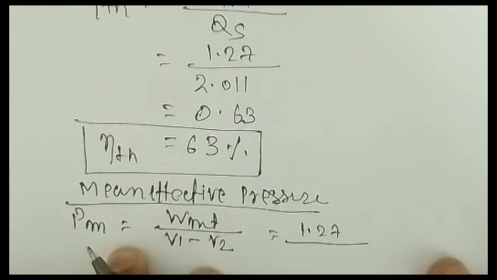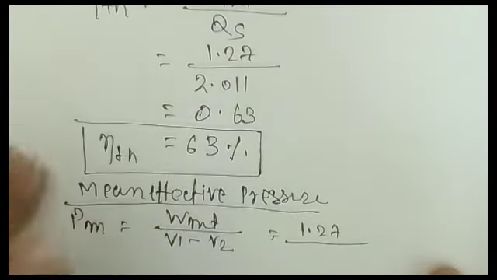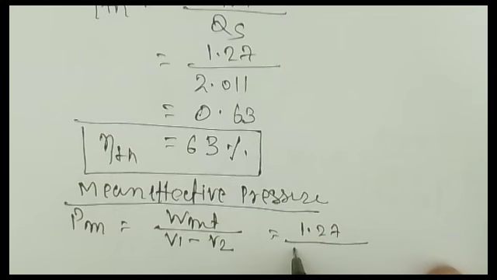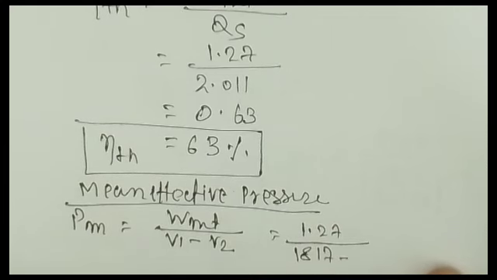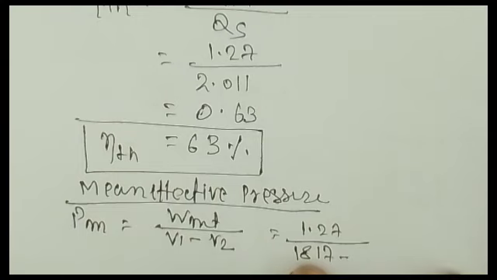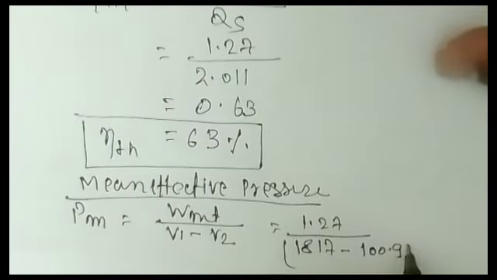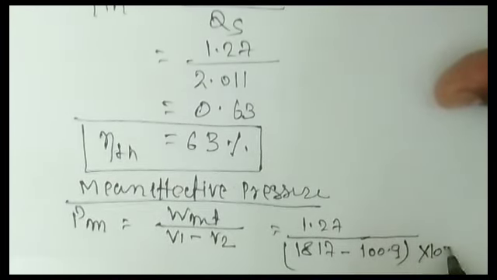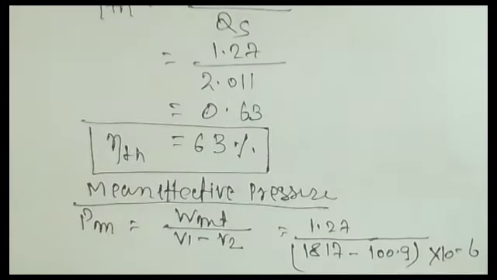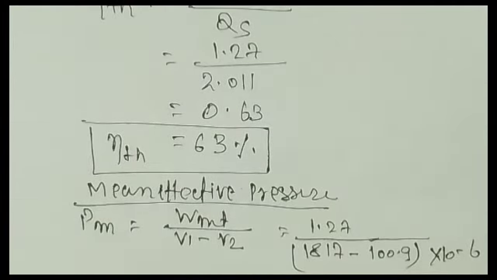And V1 you got 1817, that is 1817 into 10 to the power minus 6, minus V2, which is 100.9. The centimeter cube is given, so you have to convert this into meter cube, into 10 to the power of minus 6. You will get the answer. So this is how you can execute the problem which is related to the diesel cycle. Thank you.